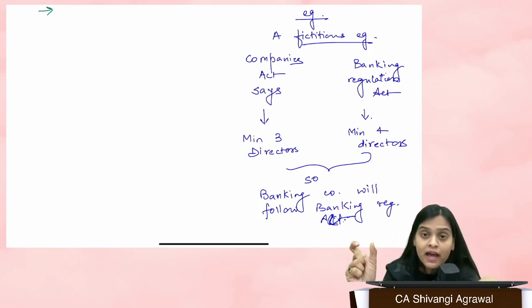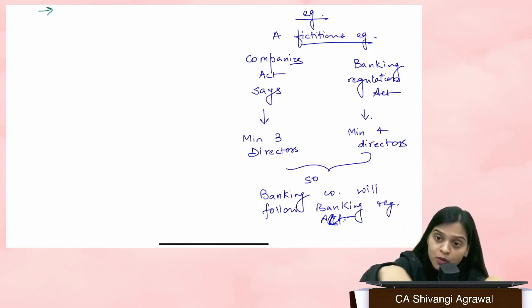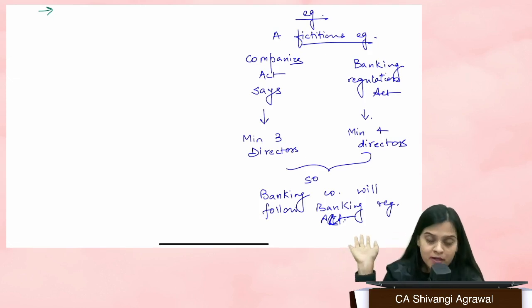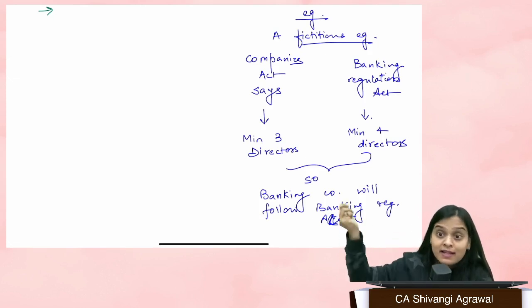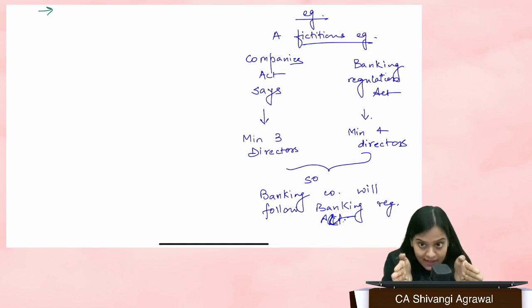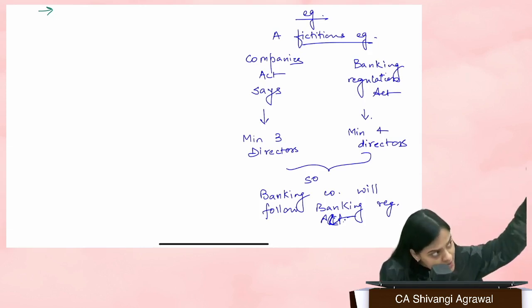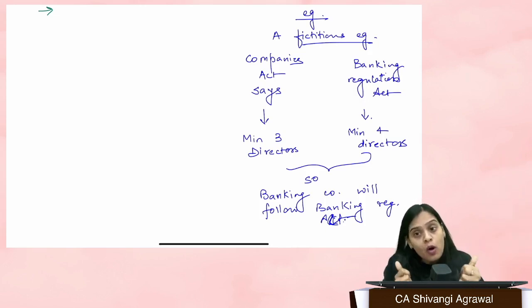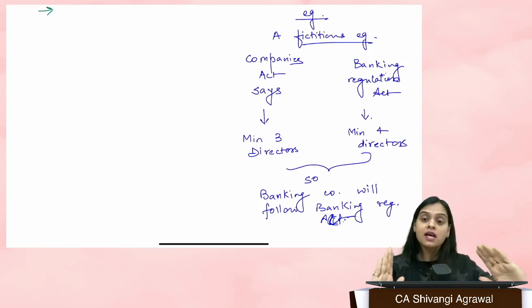They are the authority governing the entire insurance sector. If I say Axis Bank Limited, it is a banking company, a bank. It is a company prima facie registered under Companies Act, and then it gets the license from RBI to operate as a bank. So that is how it is working.